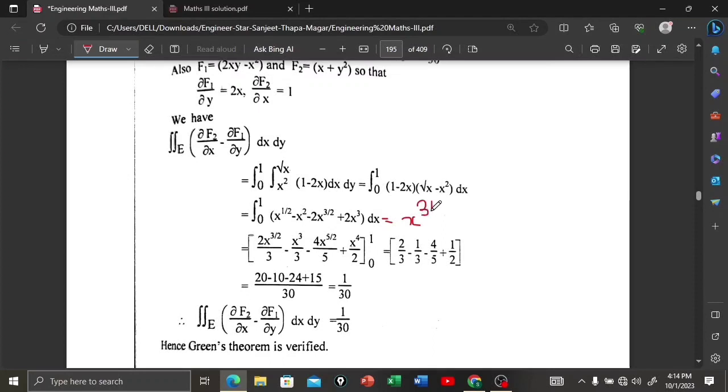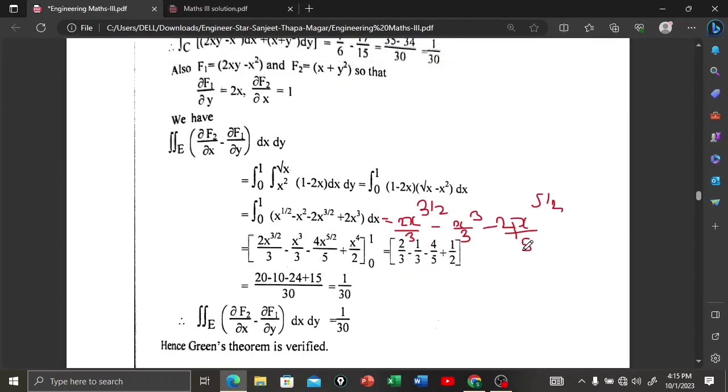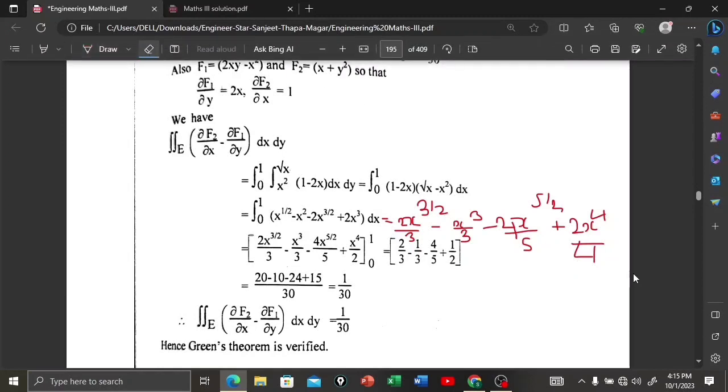So x power 1 by 2 plus 1 is 3 by 2 divided by 3 by 2, so it is 2 by 3 minus x power 2 plus 1 is 3 divided by 3, minus 2 times x power 3 by 2 plus 1 is 5 by 2 divided by 5 by 2, so 2 will be multiplied with 2, so it is 4 by 5, plus x power 4 by 4 and this cancels, so remaining is 2 in the denominator.